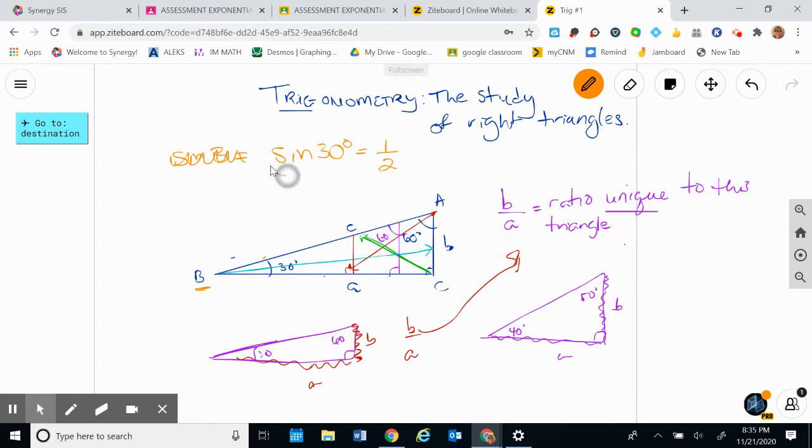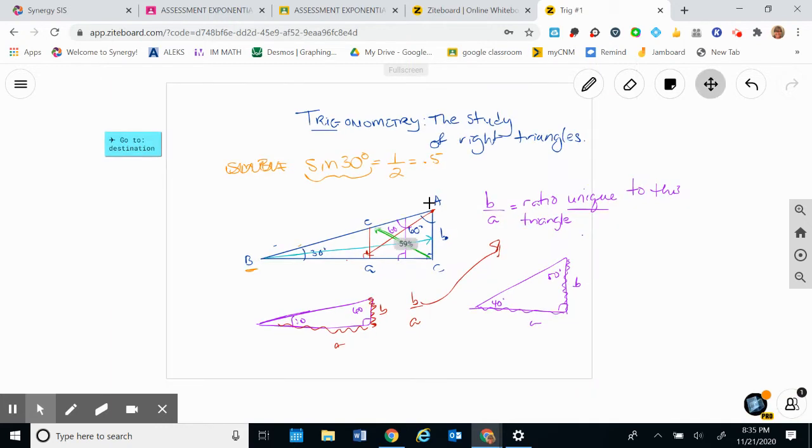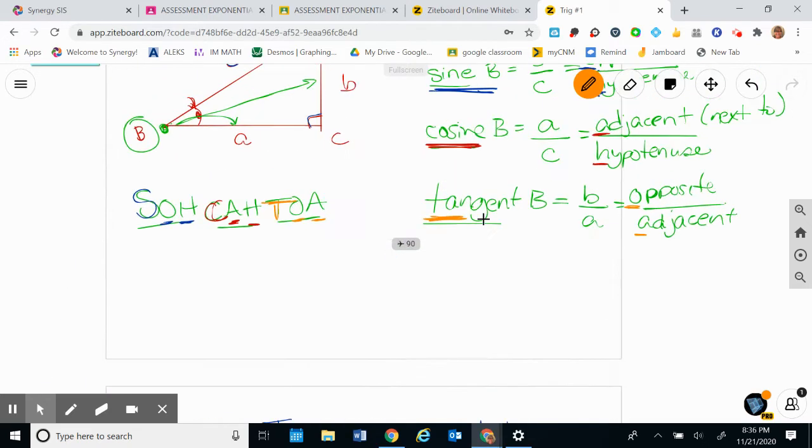If you were to plug this into the calculator, it will spit out a 0.5. And the reason why is because for 30 degrees, the opposite over the hypotenuse is equal to 0.5. That's just the way it is. That's unique. It's like its signature. So the idea is to first be able to identify these ratios. That's task number 1. So task number 1 is to be able to name the sine, cosine, and tangent of any angle.